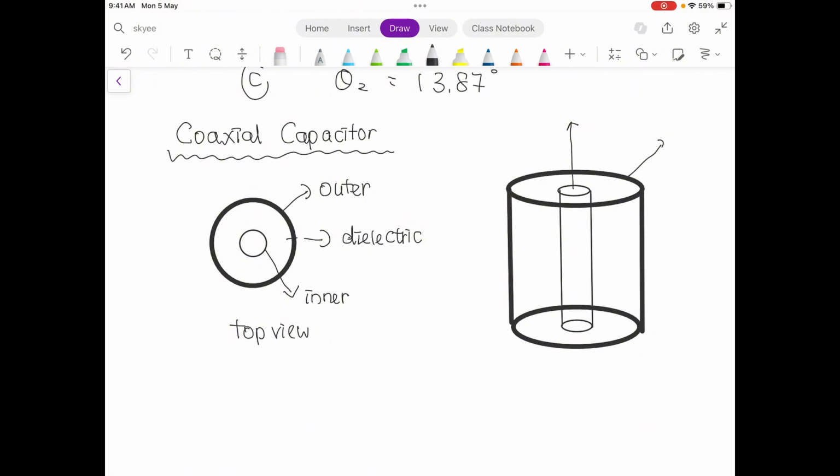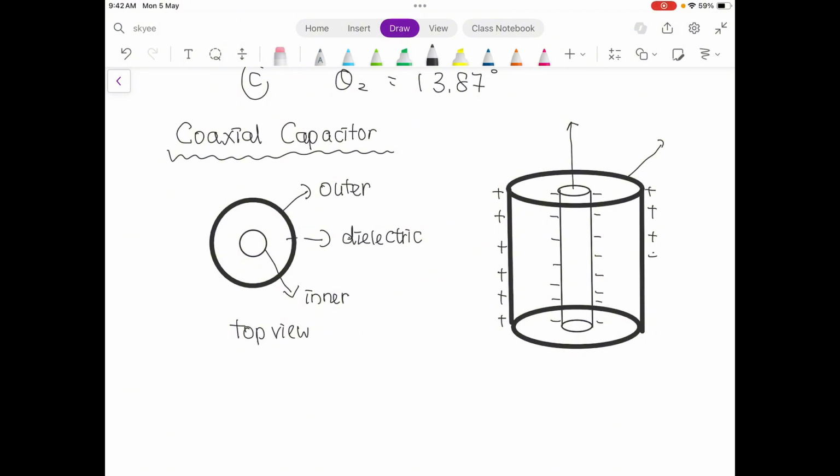Imagine the inner conductor of the capacitor is connected to the negative terminal of a DC source. As a result, all the negative charges accumulate on the surface of the inner conductor, and the outer conductor is connected to the positive terminal of the DC voltage.